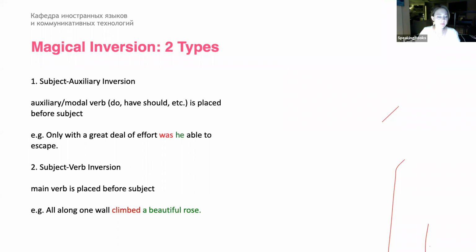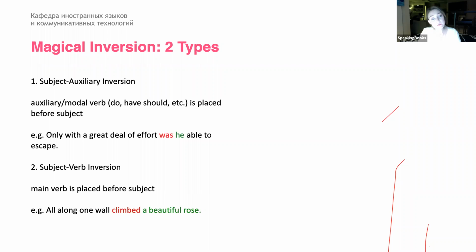We have two types of inversion. The first is the situation when we put an auxiliary or modal verb before the subject. For example, only with a great deal of effort was he able to escape. We don't say only with a great deal of effort he was able to escape. That would be completely incorrect.